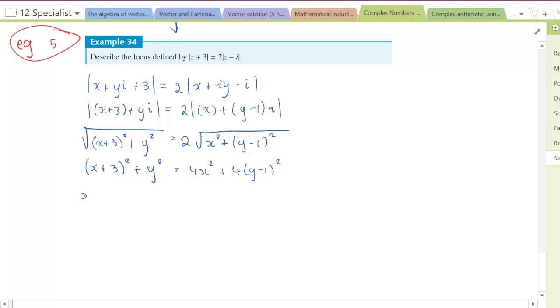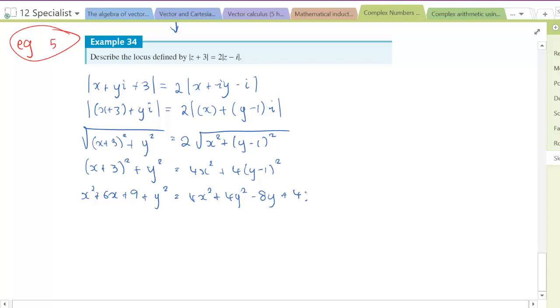So now we have x squared plus 6x plus 9 plus y squared, and we have 4x squared and 4 lots of y squared, 4 lots of negative 2y, and 4 lots of 1.